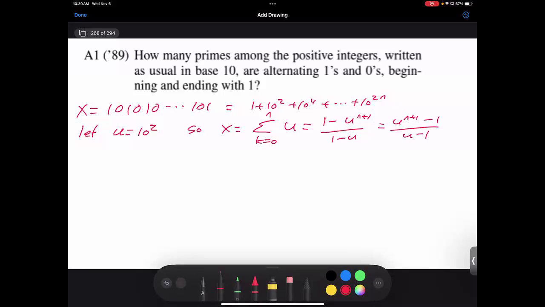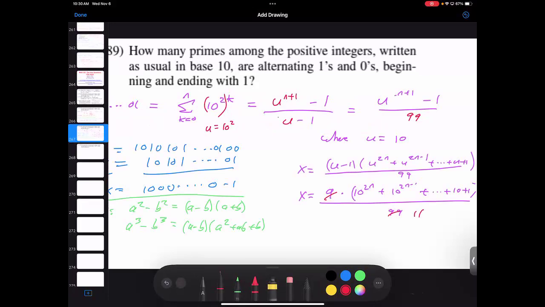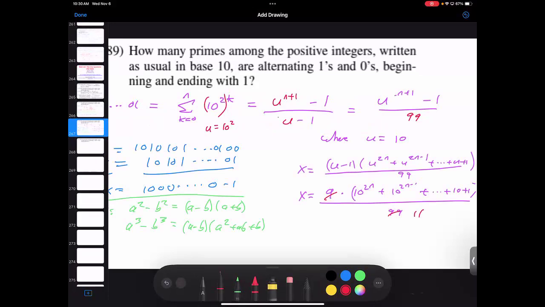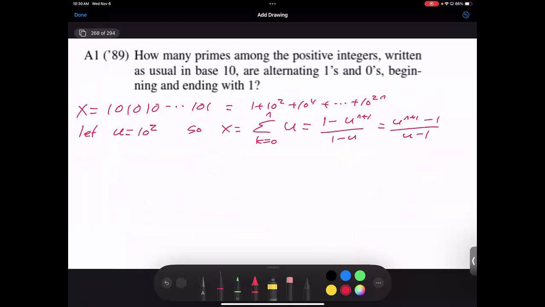Okay. And so, if we look at that, I think the second mistake I was making is I was plugging in u equals 10, where it really should be u equals 100. Okay. So now when we put that in here, we see that there's going to be a u minus 1 that's going to cancel.